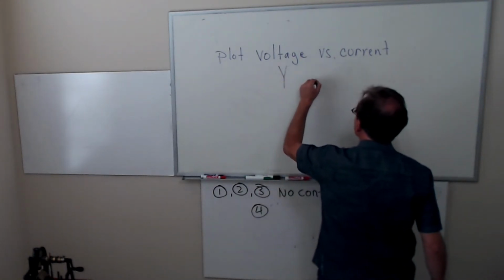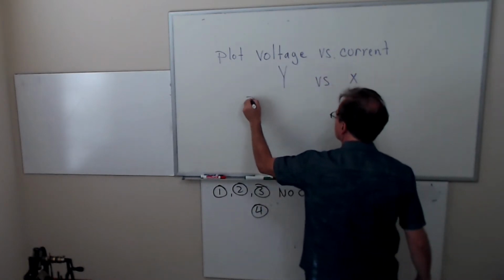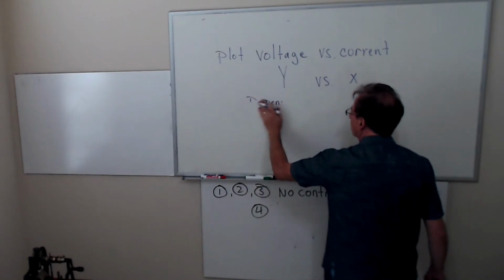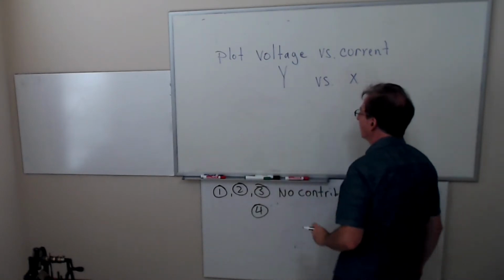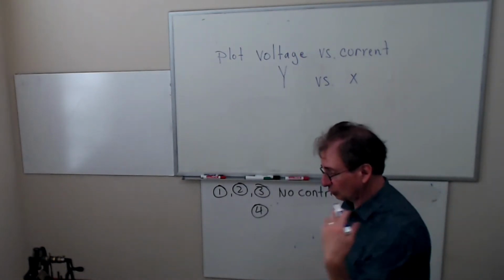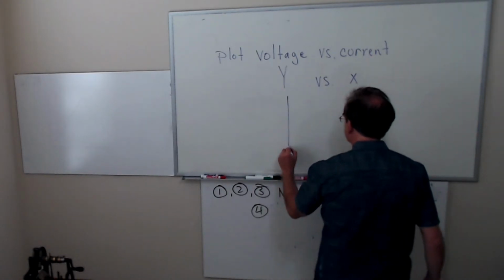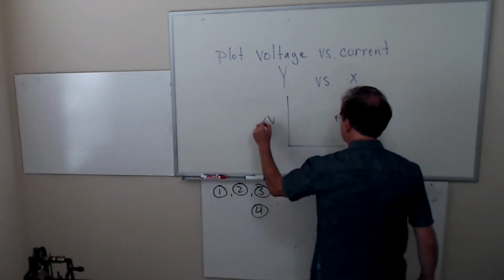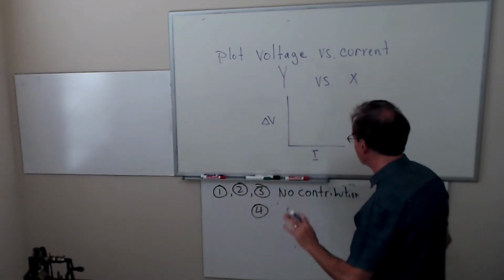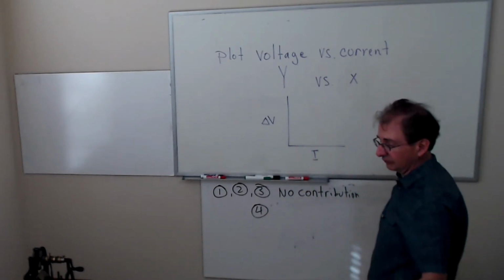Plot Y versus X. This is the dependent. Actually, in their case, it really isn't, but I shouldn't say that. And the reason why we plotted voltage versus current, the slope directly gives you the resistance. So you want to have delta V here and I here. Really, I should say potential difference versus current, but anyway. So the slope of that graph is going to give you the resistance.